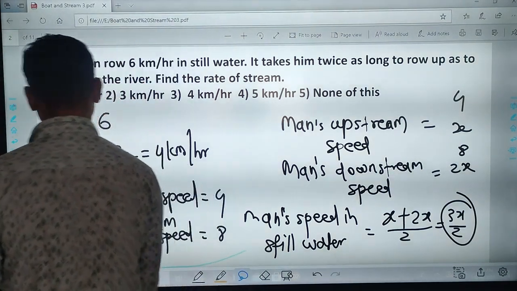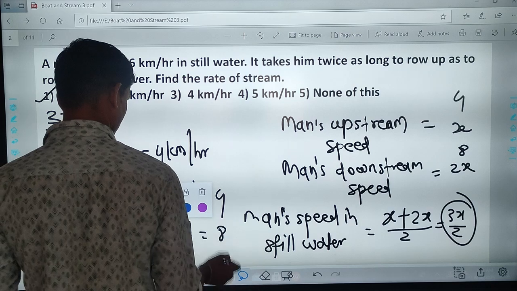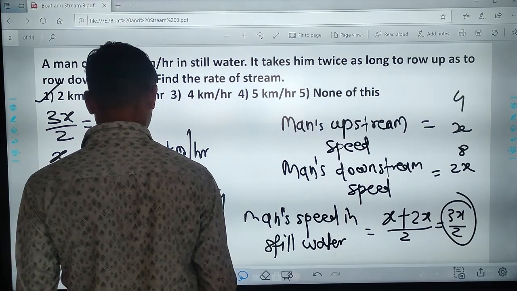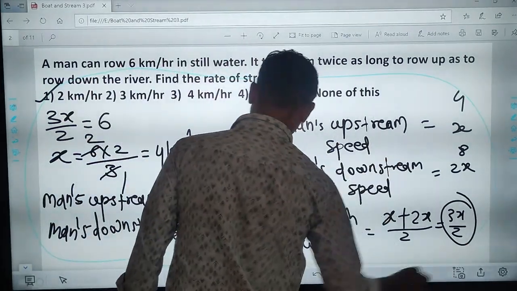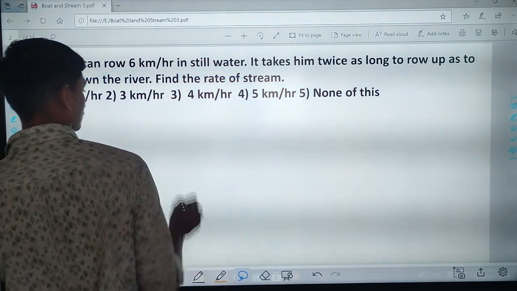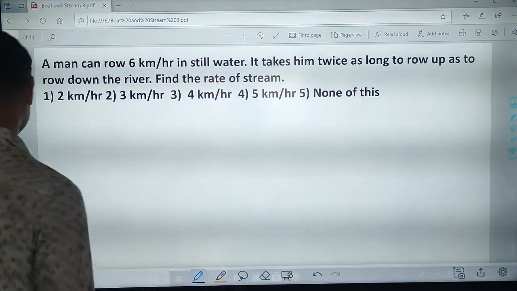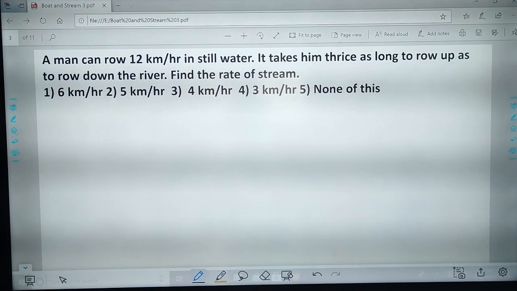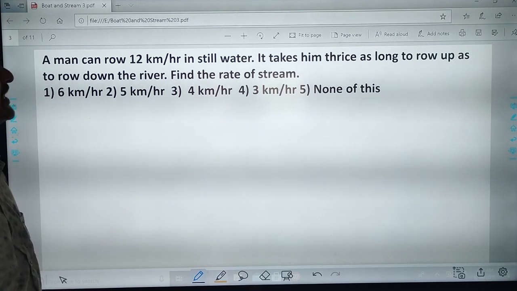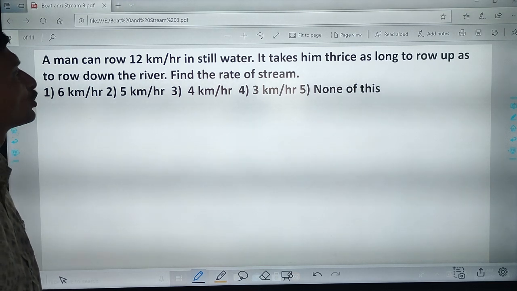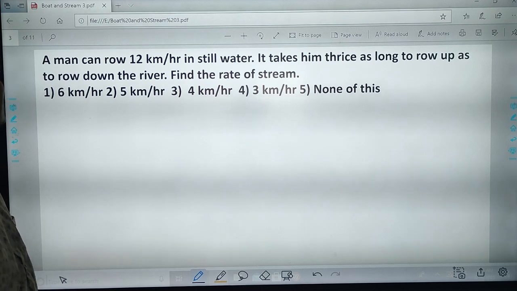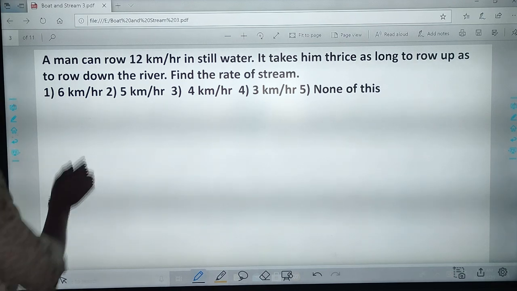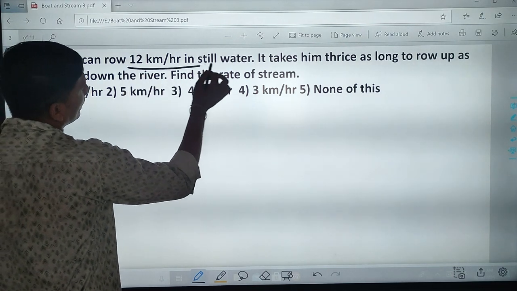Now next. A man can row 12 km per hour in still water.